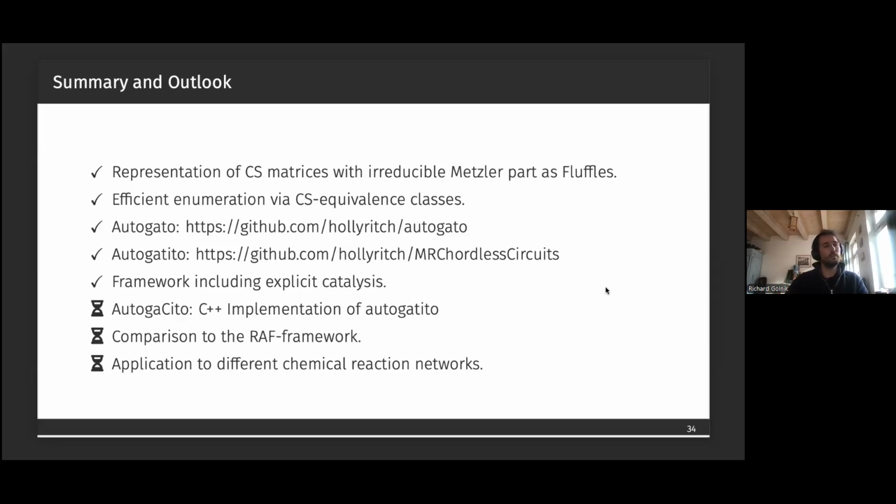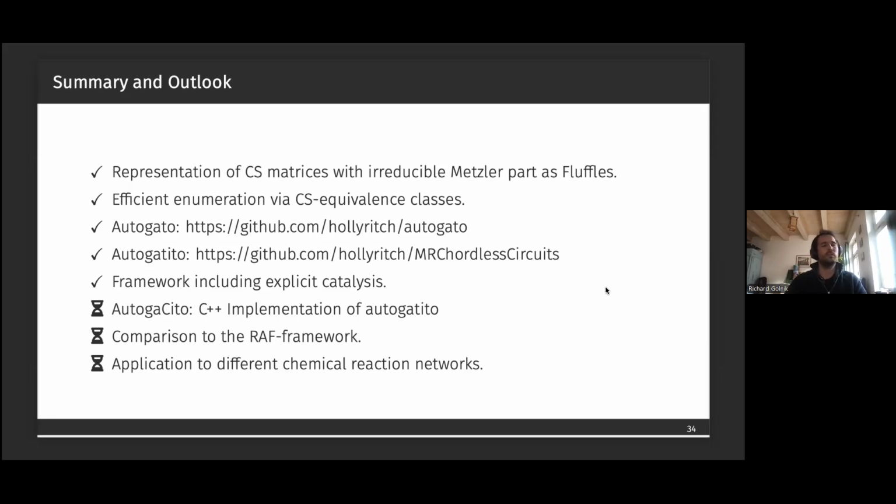And as I said also at the beginning, we currently compare the framework that comes from the definition of Alex Blokhuis now with the RAF framework, so with the reflexively autocatalytic and F-generated networks, and trying to find what kind of conditions induce autocatalytic cores in the RAF framework, and also the other way around.